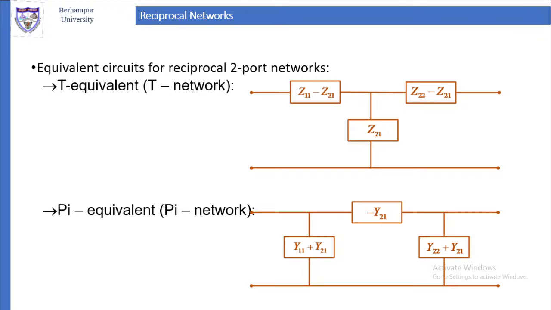Similarly, pi equivalent or pi network for the two-port network: the two legs are shunted. So the shunted legs are y11 plus y21, y22 plus y21, and the series portion is minus y21.